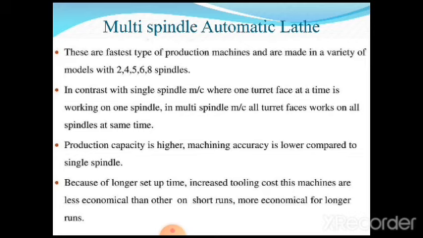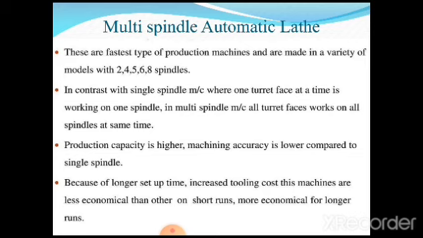Again, production capacity is higher, but machining accuracy is lower compared to the single spindle. This is one of the drawbacks you can consider. As far as the production rate is concerned, it is very good, but the machining accuracy is less compared to the single spindle automatic lathes because of longer setup time.